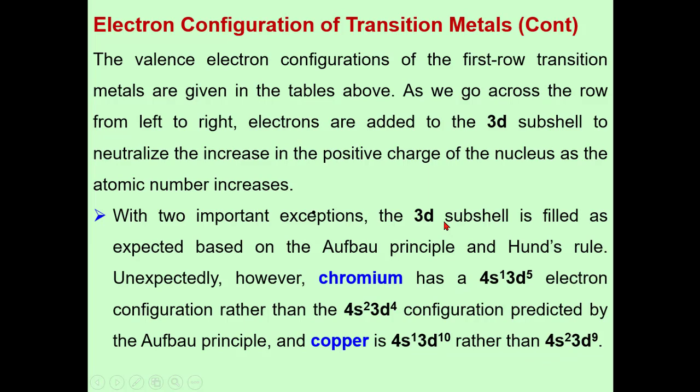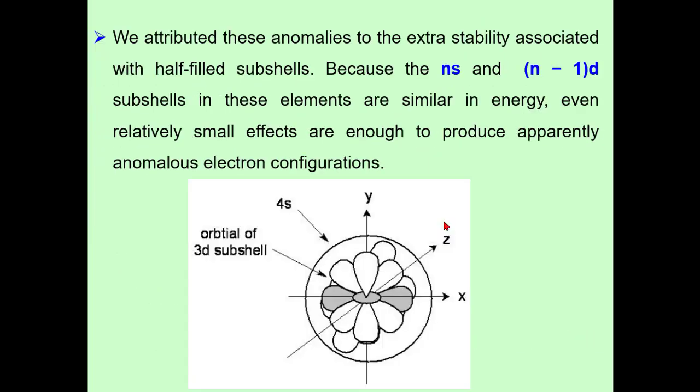Maybe some people ask the question, how can it do so? As I explained in the previous slides, and now here is one demonstration also, s is a smaller orbital which is circular in shape, but with the increase of the principal quantum number, the size of the s orbital becomes bigger.